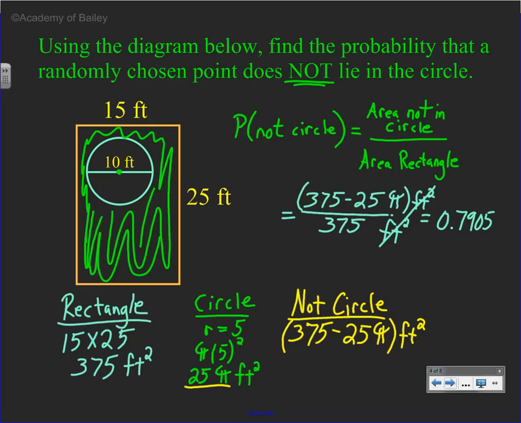Move the decimal 2 places to the right, and we get 79 point, and this 5 rounds that 0 up to a 1. Approximately 79.1%.